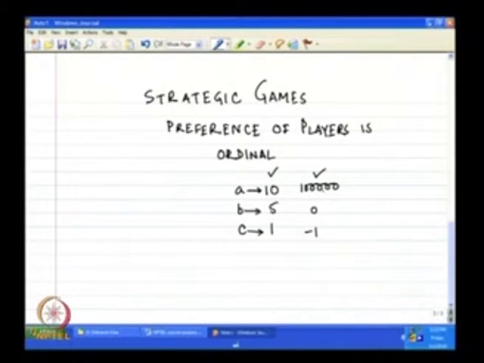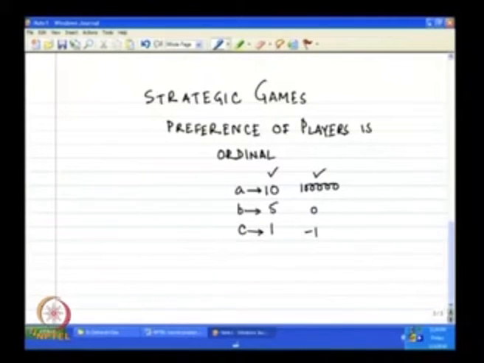In the second ranking also, 1 lakh is greater than 0, and 0 is greater than -1. So, what matters is relatively how A and B and C are ordered. Here A, B and C are ordered in the same, qualitatively same way. So, this is ordinal preference. We are going to assume that the individuals have ordinal preference. The payoff functions that we have reflect the ordinal preference of the individuals.